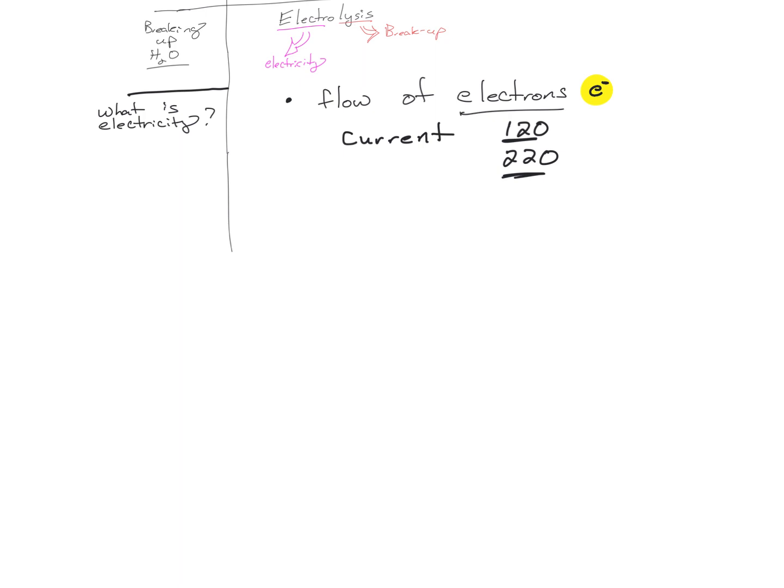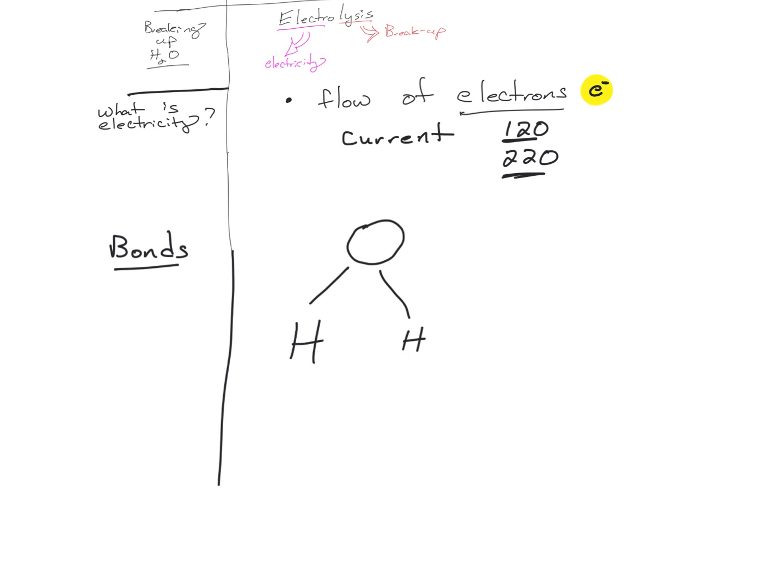So when we look at bonds, what are chemical bonds? We look at water. We draw these lines. We've drawn them several times. Yesterday you had time to go over your notes and make sure you added everything you missed, and you were supposed to turn it in.